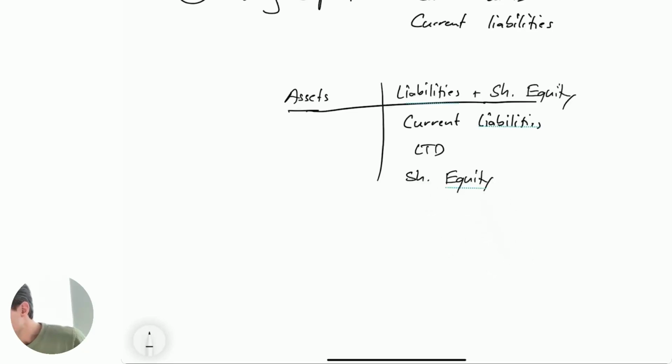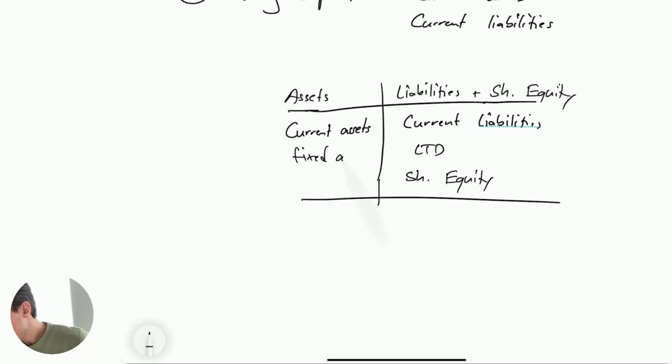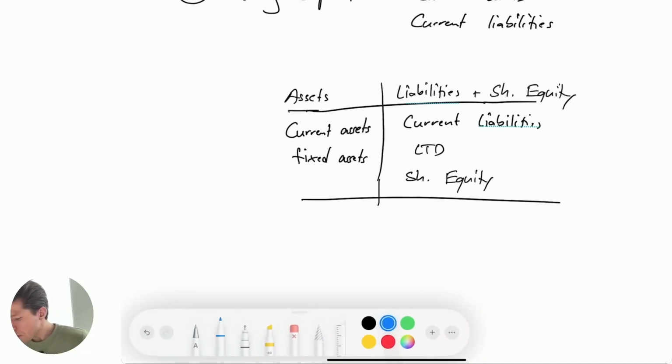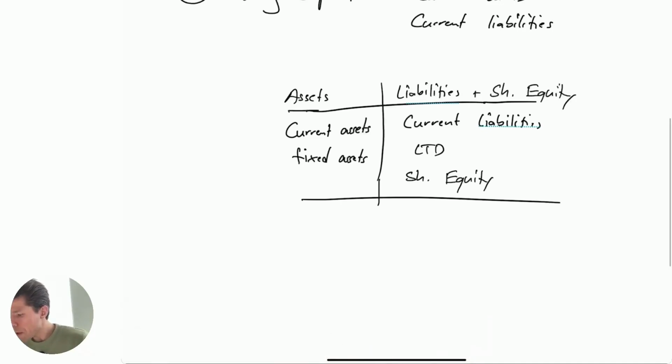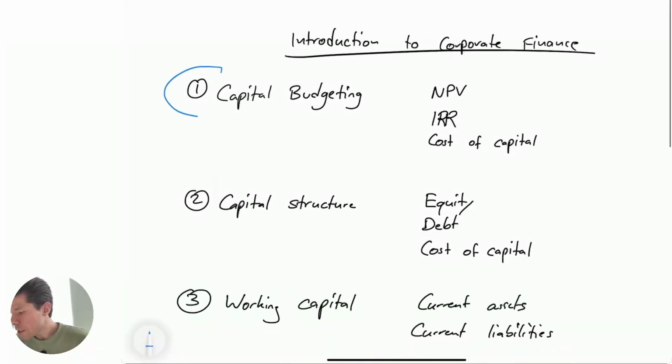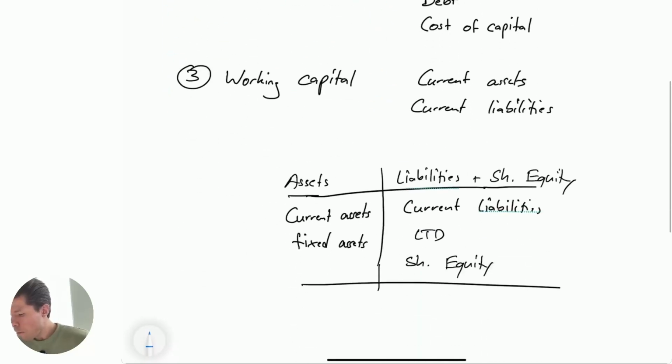It doesn't matter if I call it shareholders' equity or just equity. And here, current assets and fixed assets. And just to make it easier to remember, capital budgeting is all about this.